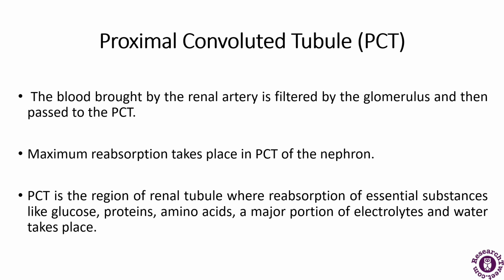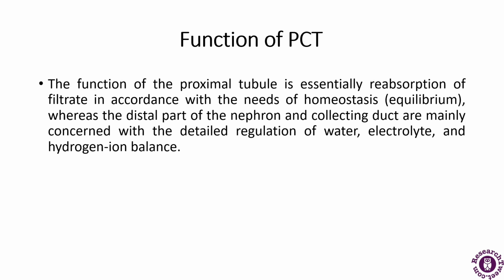And the PCT selectively secretes ions such as hydrogen, ammonia and potassium into the filtrate and absorbs HCO3 minus from it. So what are the functions of the PCT? The main function of the PCT is to maintain the electrolyte and acid-base balance of the body fluid. This is the main function of the proximal convoluted tubule.